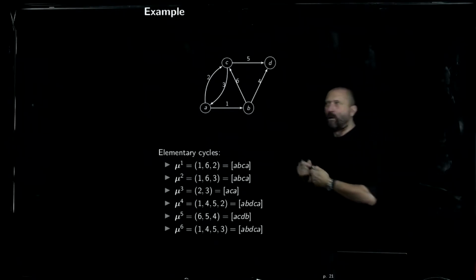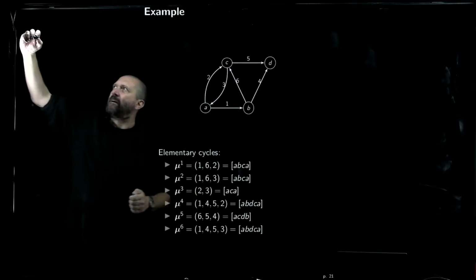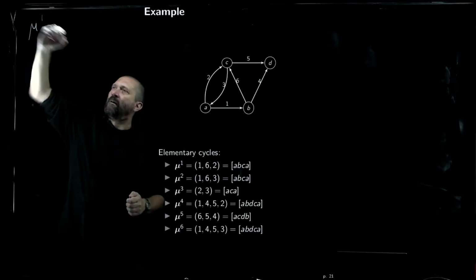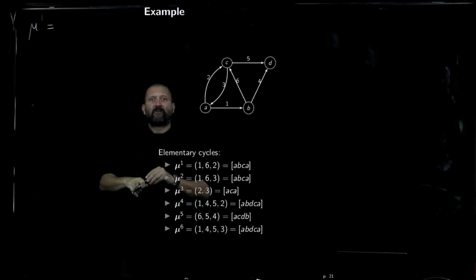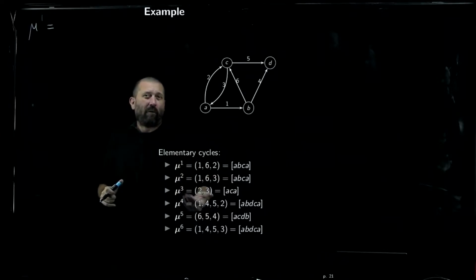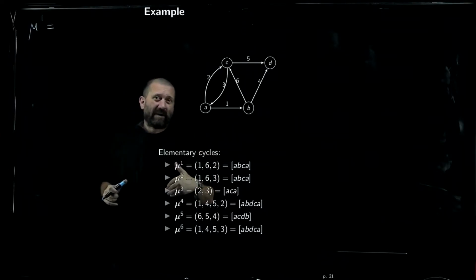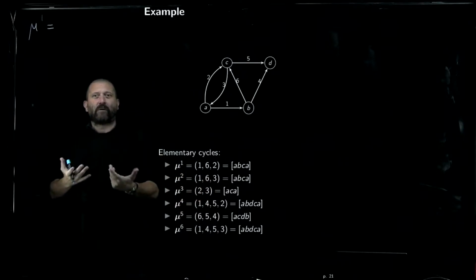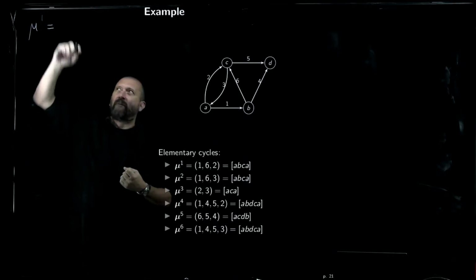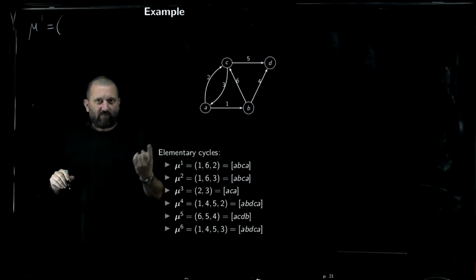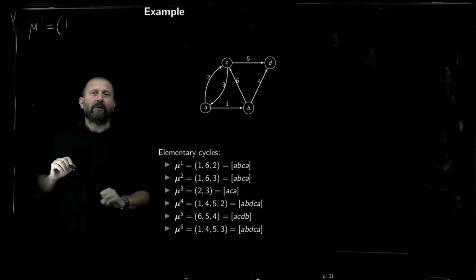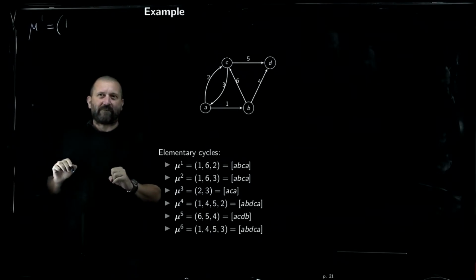If I think of mu1, I can write mu1 also as follows. I'm indicating whether I'm following an arc in the positive direction with a 1 or the negative direction with a minus 1. And if I'm not following an arc, I'm giving it the value 0. So the first arc is 1, and I'm following it for mu1, in the positive direction.